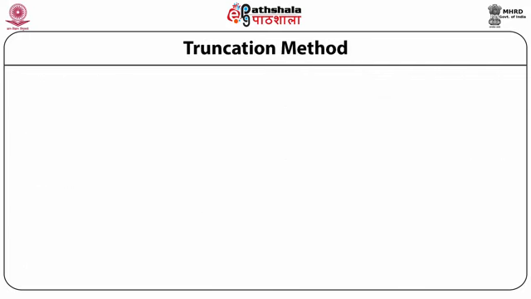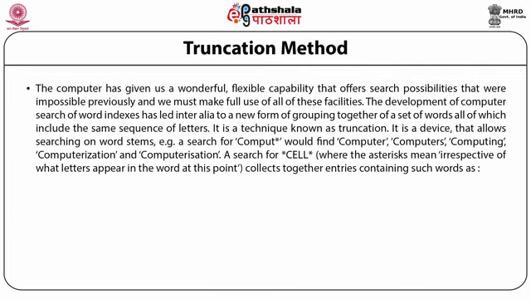Truncation method. The computer has given us a wonderful, flexible capability that offers search possibilities that were impossible previously, and we must make full use of these facilities. The development of computer search of word indexes has led inter alia to a new form of grouping together of a set of words, all of which include the same sequence of letters.